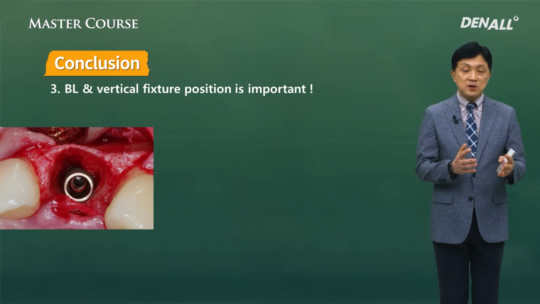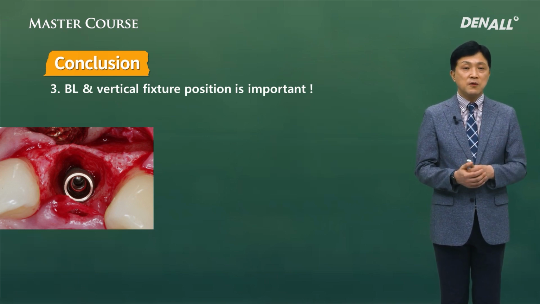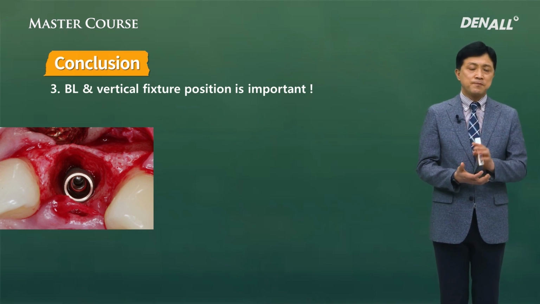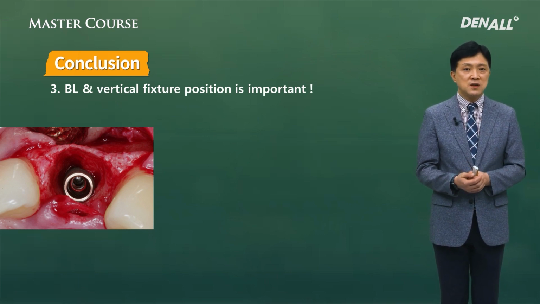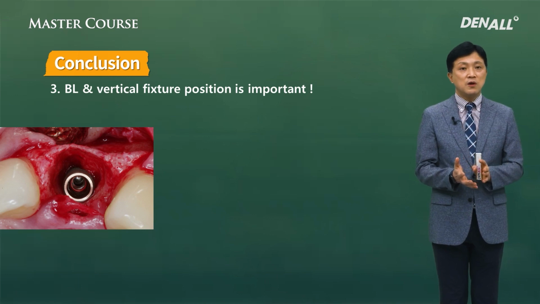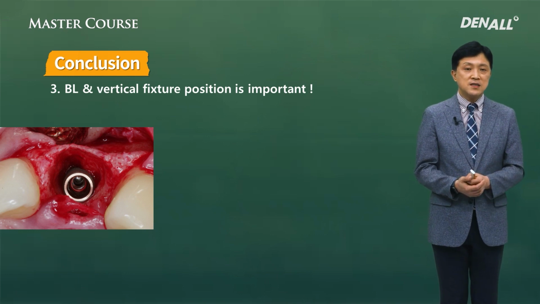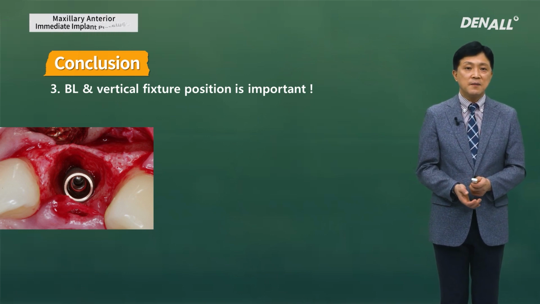There are many different implant positions: buccolingual, mesiodistal, and vertical positions. Especially buccolingual and vertical positions are more important. Of course, other positions are important, but these two are more important.